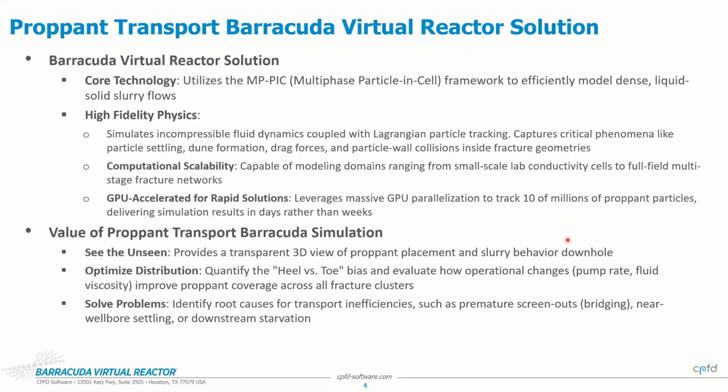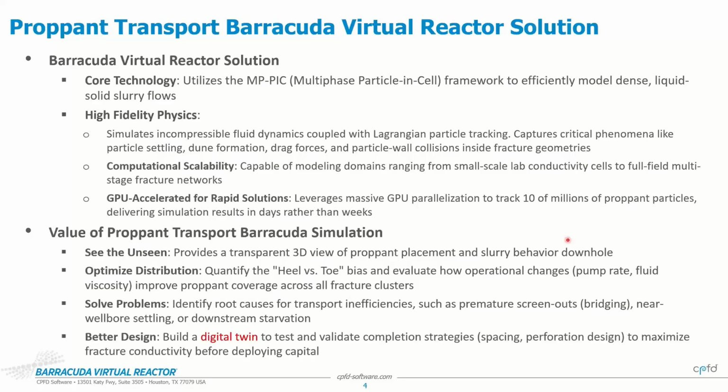And then obviously you can also look at solving certain problems, right? Once you have a well-validated CFD model, you start looking at the behavior of the fluid and the slurry downstream. You can start identifying problems and then think about mitigating those.